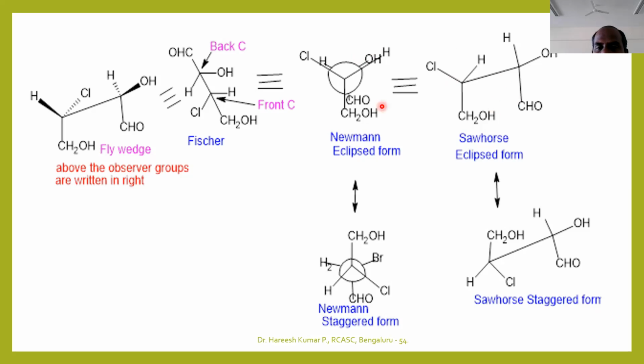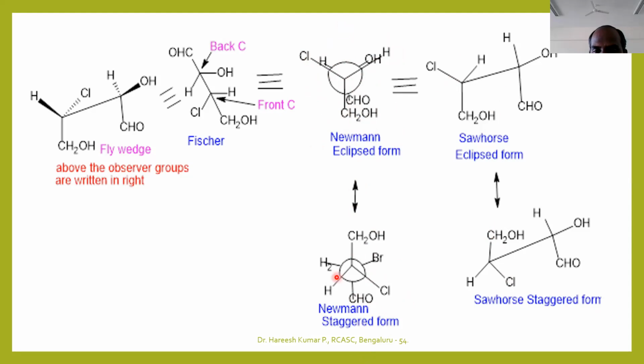Once you convert it into an eclipsed one, you can convert into a staggered one. How? By 180-degree rotation. How is it possible? This CH2 group, in a clockwise direction, will go and sit here. Once the CH2 group is sitting over here, the H group will come over here, the Cl group will come to this.